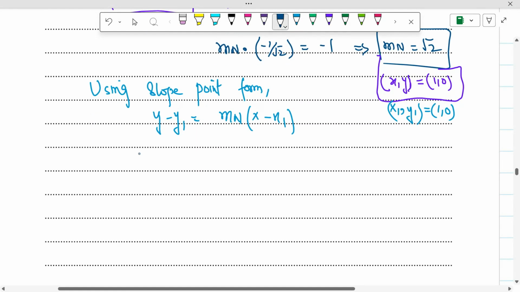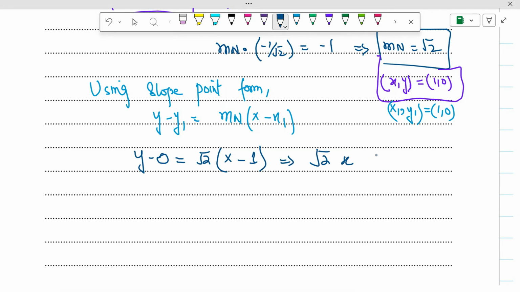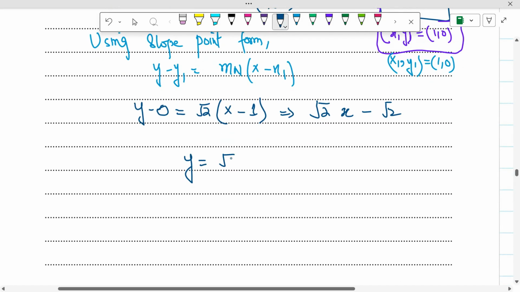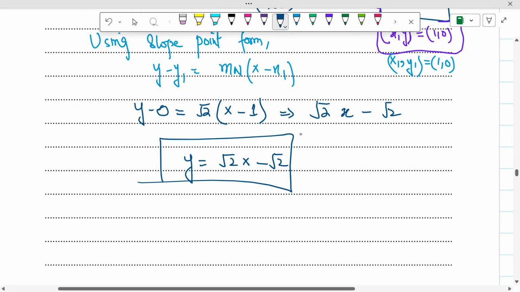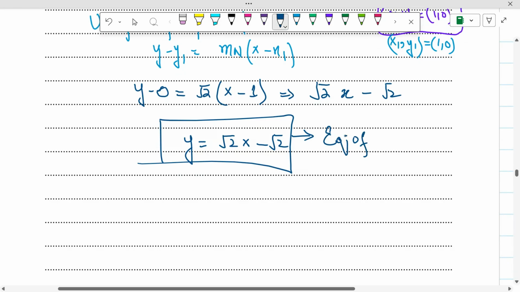So plugging in, we will have y minus 0 is equal to the slope of the normal, which is under root 2, times (x minus x1, which is 1). So we will have under root 2 times x minus under root 2. So we have the equation of the normal, which is y is equal to under root 2 x minus under root 2. So we have calculated the required equation, which is the equation of the normal.